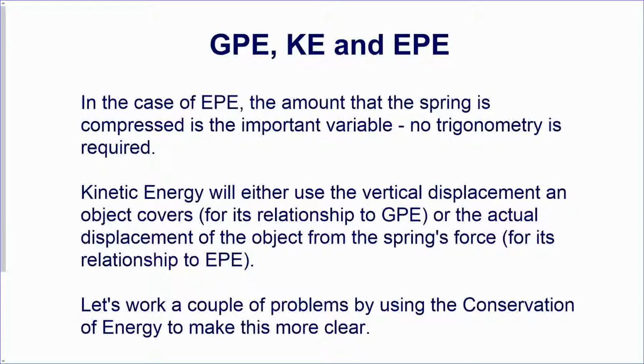So, when we talk about relating potential energy that's caused from the force of gravity with kinetic energy, we only want the vertical displacement. When we talk about spring energy, then we want to look at the total displacement of the actual displacement of the object. So let's work a couple of problems so you can see what we're talking about.